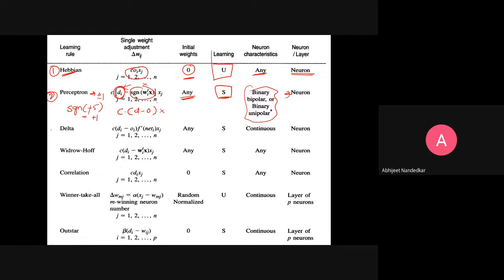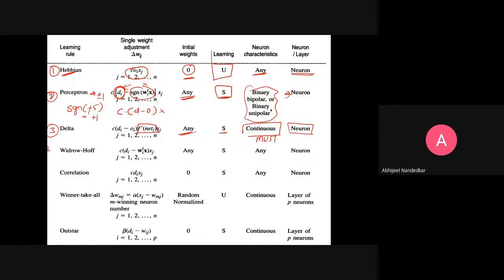Then the third one is the delta learning rule, which is somehow a modification of perceptron. Here, you can compare, f dash is coming into the picture, and you can have any initial weight. It is again supervised. Remember, the activation function must be continuous so that it is differentiable. Again, it is applicable to a neuron.